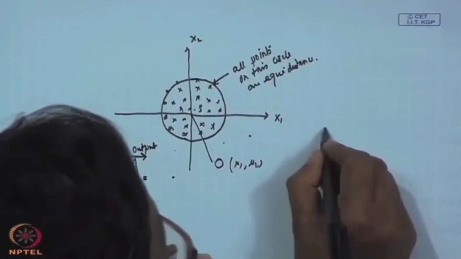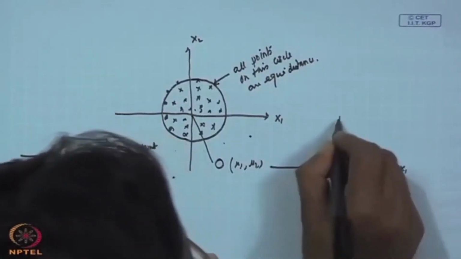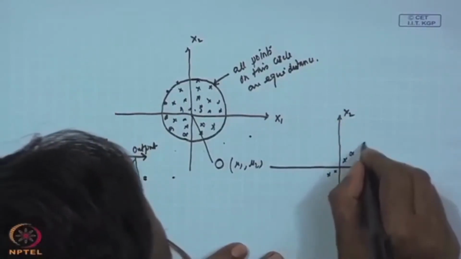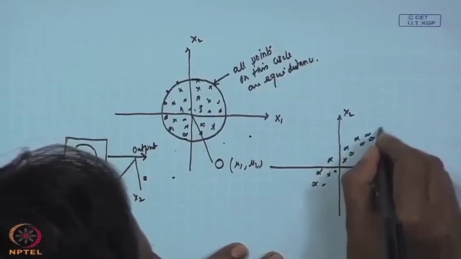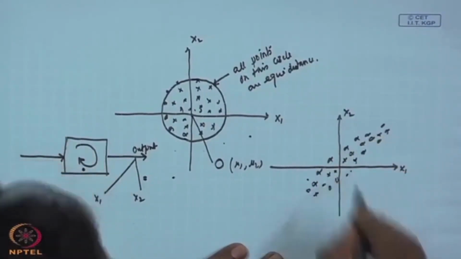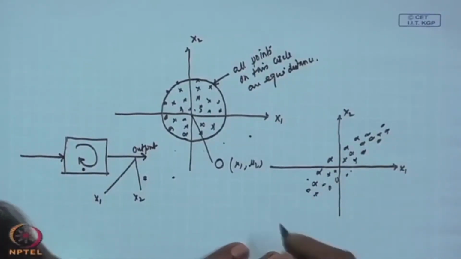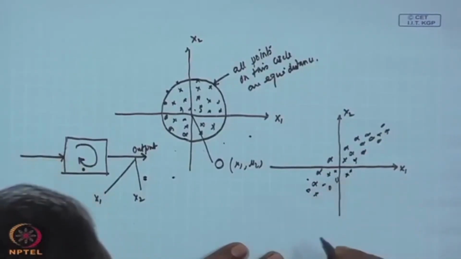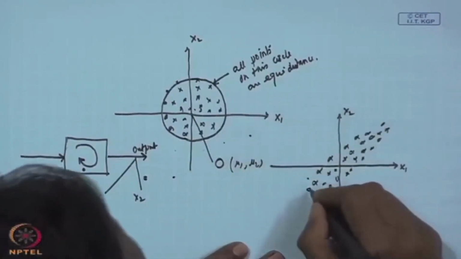Then if you make a plot of x 1 and x 2, you may get a figure like this. With a little assumption, as if the figure resembles an ellipse.